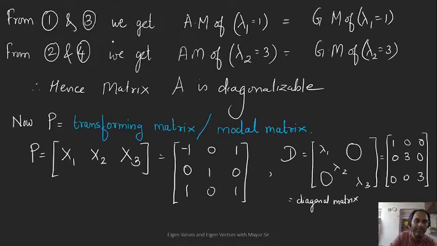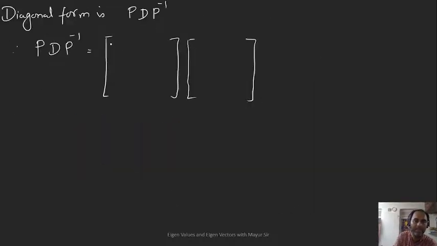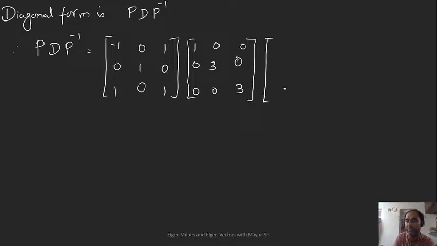So P D P inverse: P is -1 0 1, 0 1 0, 1 0 1. D is 1 3 3 on the diagonal with zeros elsewhere, and P inverse. Let me quickly calculate this P inverse on my calculator.